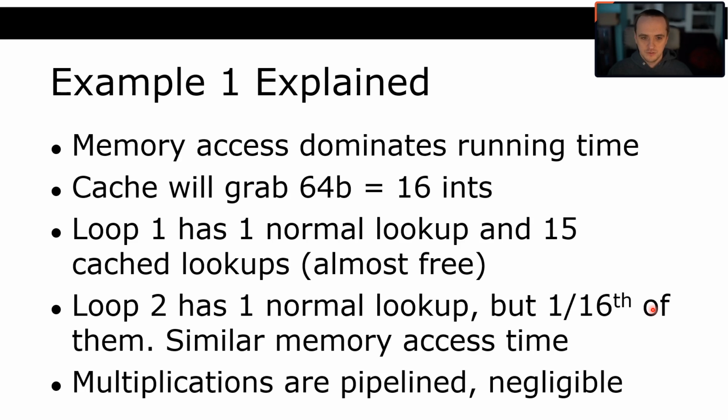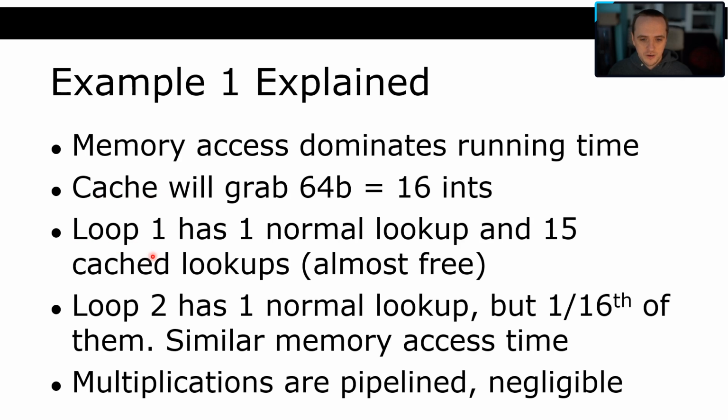Well, it's the following. In this example, memory access dominates the running time. So the cache is going to grab 64 bytes at a time. And it just turns out that 64 bytes is equal to 16 integers, right? Each integer is 4 bytes. 16 times 4 is 64.